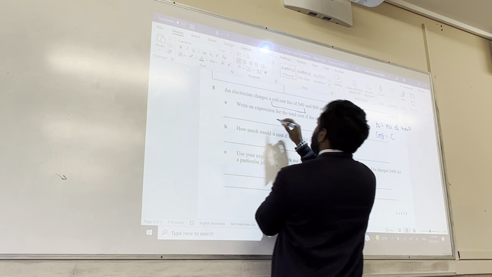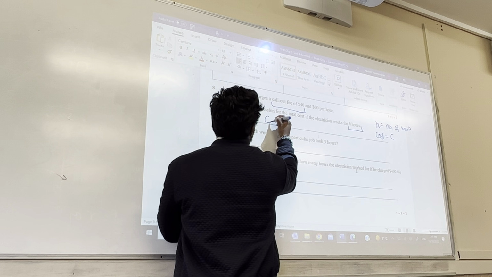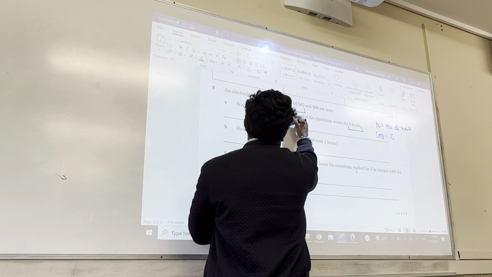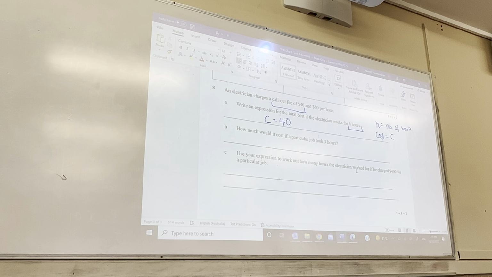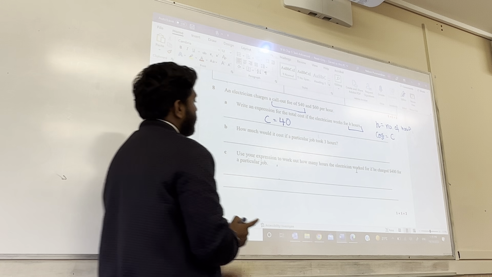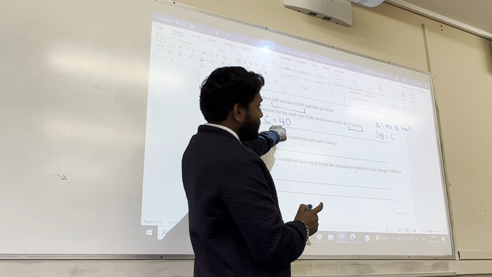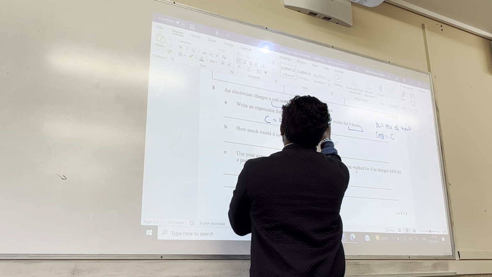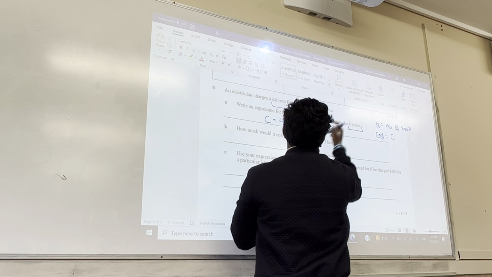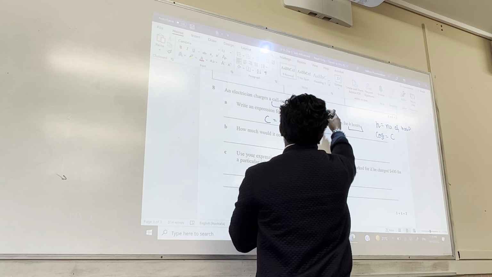So let's say we need to write an expression for the total cost. So cost is equal to 40. Automatically when that electrician comes to your house, they're going to charge 40. But is it just going to be 40? No, it's going to be plus however many hours you work, H hours. But it says $60 per hour.